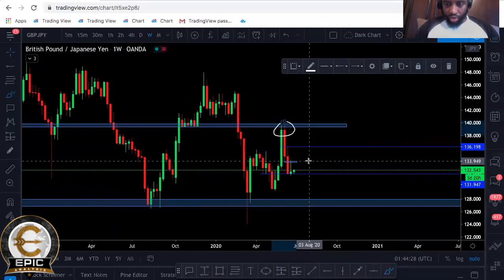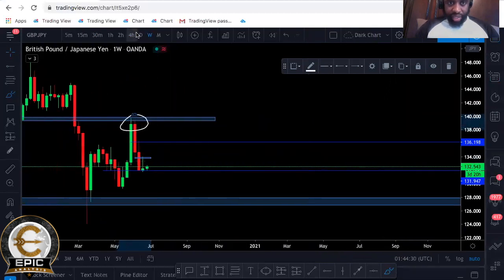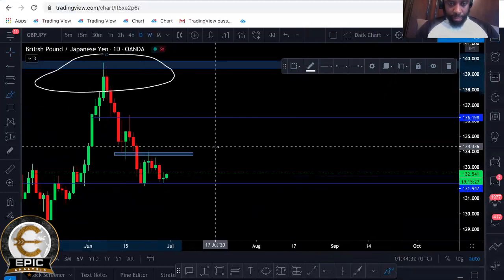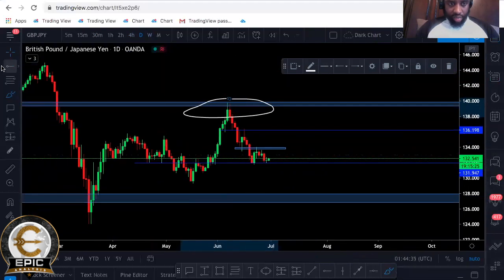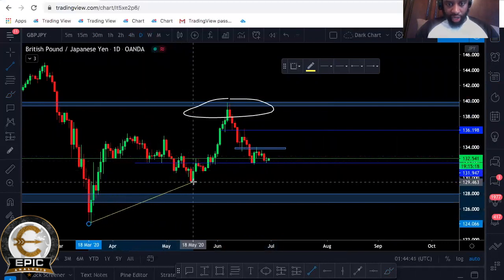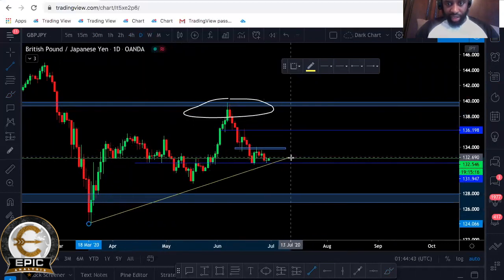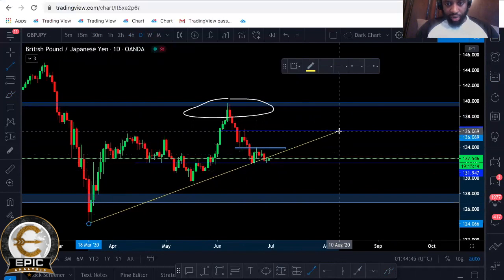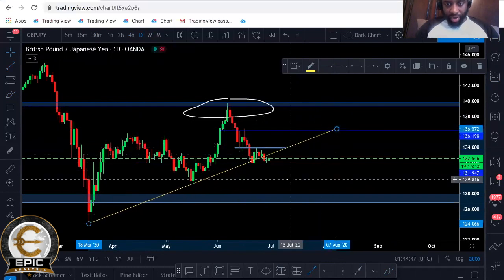Strong move down. So this could potentially be getting ready for an up move, but I need to see more where it's at currently. Because if you look at structure here on the daily, this is the low, impulse, correction for the lower high, and then it pumped again. So now price is pulling down. This could possibly be a lower high.